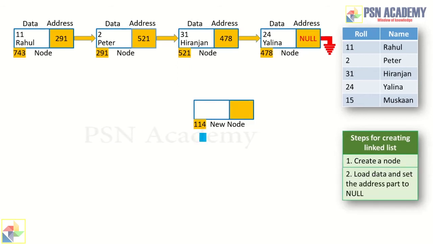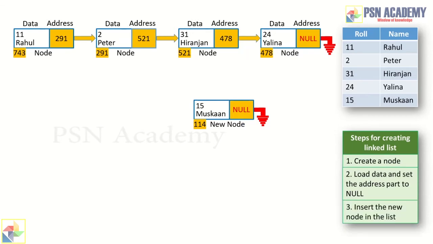Then you load the data and set the address part to null. Now our new node is ready to be inserted into this list. So we are going to insert the new node in this list. This is the third step. Okay.